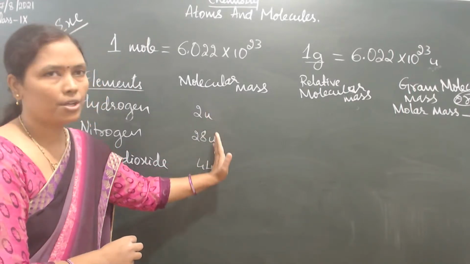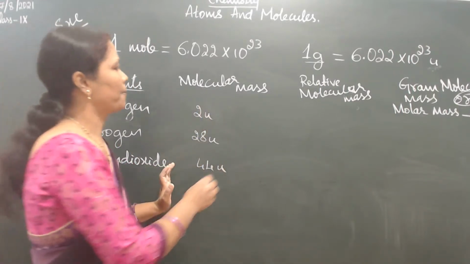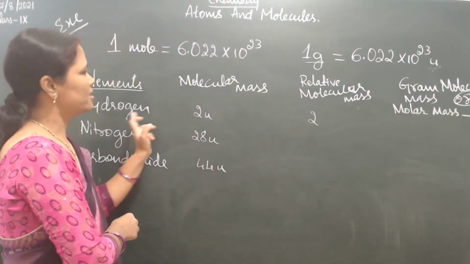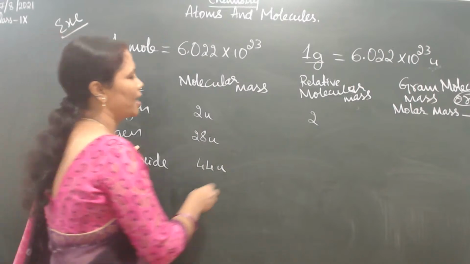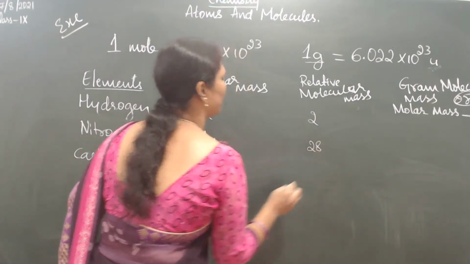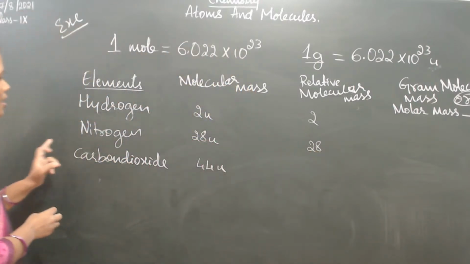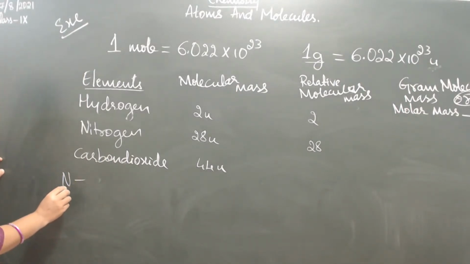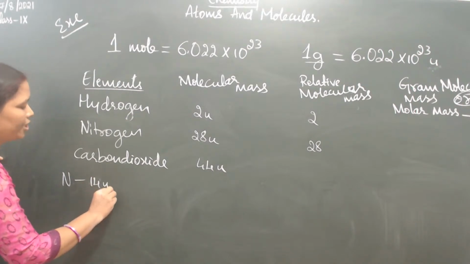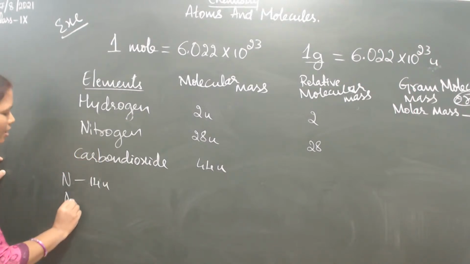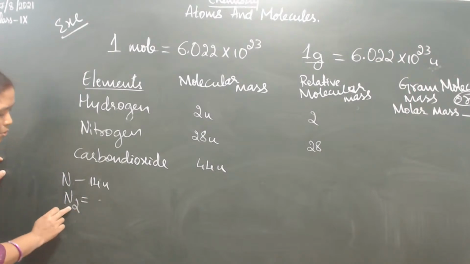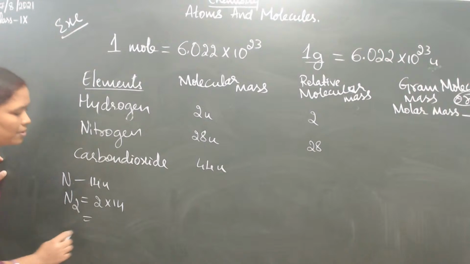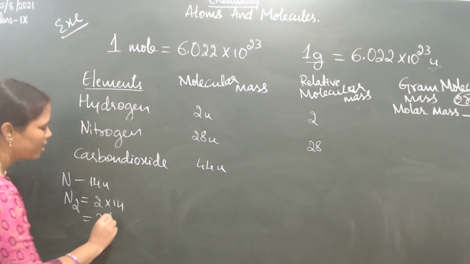When we write the relative molecular mass, we have to remove this U. So for hydrogen the relative molecular mass is 2. For nitrogen, 28. For one atom of nitrogen, what is the value? 14 U. But for the nitrogen molecule, 2 nitrogen atoms are there, 2 into 14, 28.